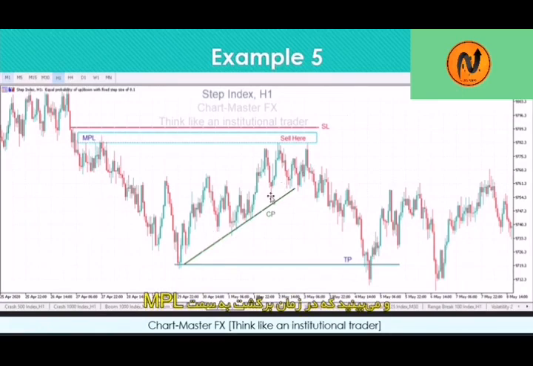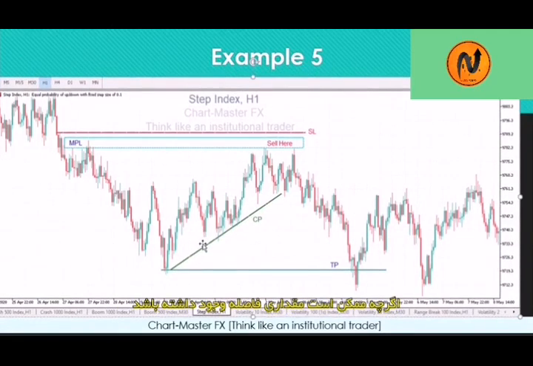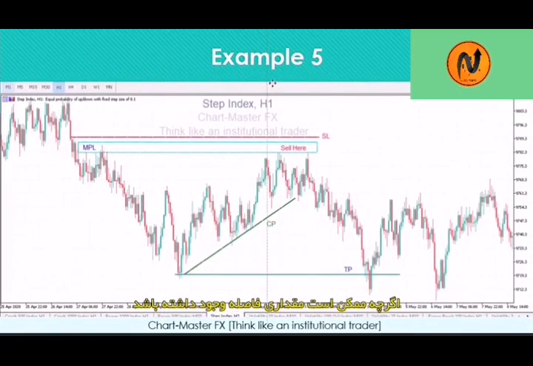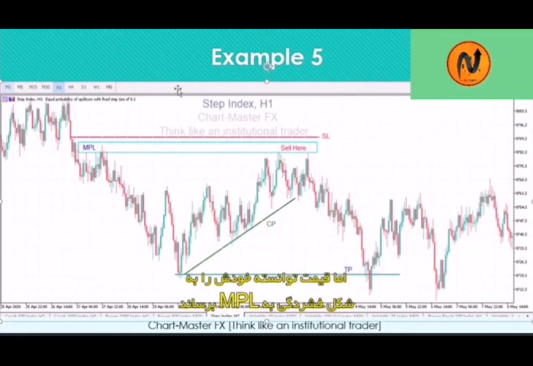So you can see, guys, that as the price was coming up to the MPL area, you can see there were kind of clustered order blocks here, although maybe there were some spaces in the order blocks, but you can see in the movement of price that the price was able to approach this MPL in a compression manner.